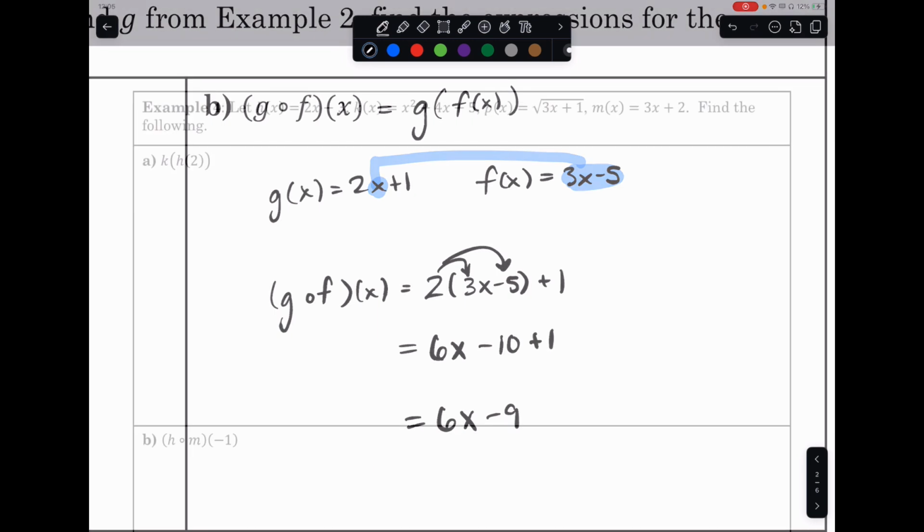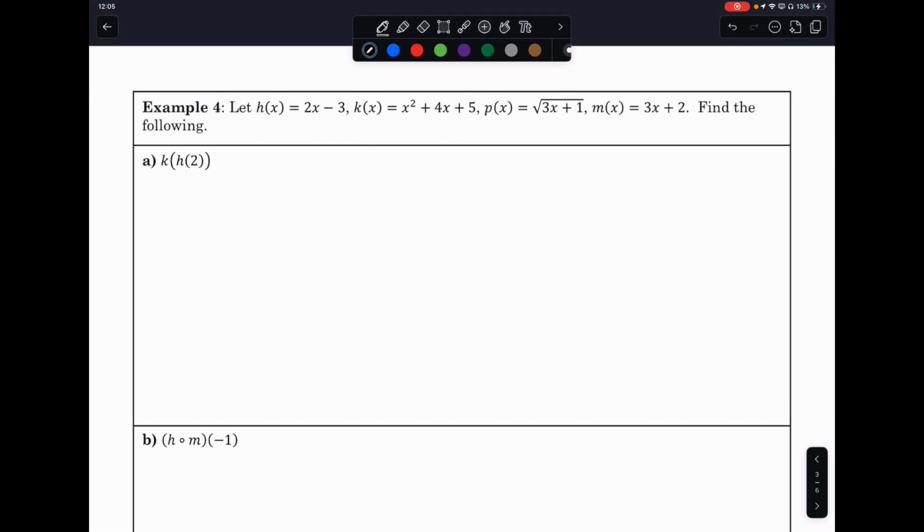Okay, let's continue practicing evaluating functions, given that we have h, k, p, and m, and we want to find k of h of 2. So again, whether it's written in this notation up here in yellow or this notation down here in blue, it means the exact same thing.